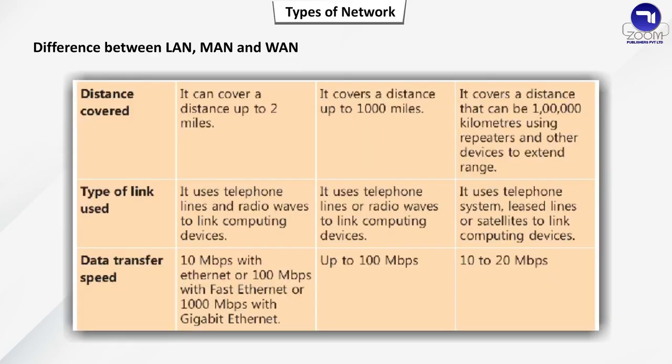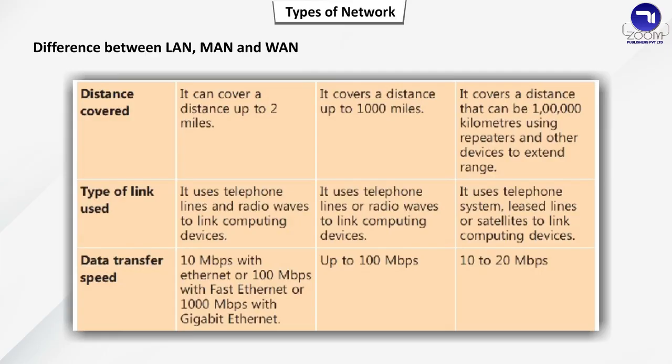Distance covered. LAN can cover a distance up to 2 miles. MAN covers a distance up to 1,000 miles. WAN covers a distance that can be 1 lakh kilometers using repeaters and other devices to extend range. Type of link used. LAN uses telephone lines and radio waves to link computing devices. MAN uses telephone lines or radio waves to link computing devices.